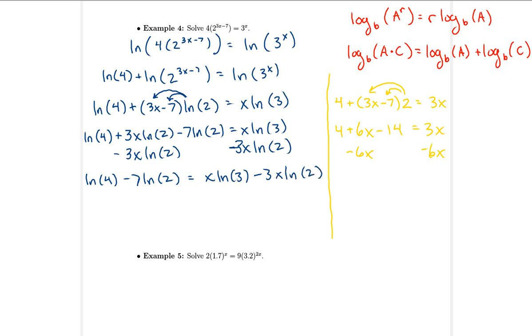Now, in the yellow version, we're pretty lucky here because you can just combine like terms, right? So you end up with negative 3x on the right, 4 minus 14, so negative 10 on the left. Okay, so that doesn't really matter where we're at here. The point is this last step is something that I'm able to do because these numbers are so nice, but I can't quite do it here.